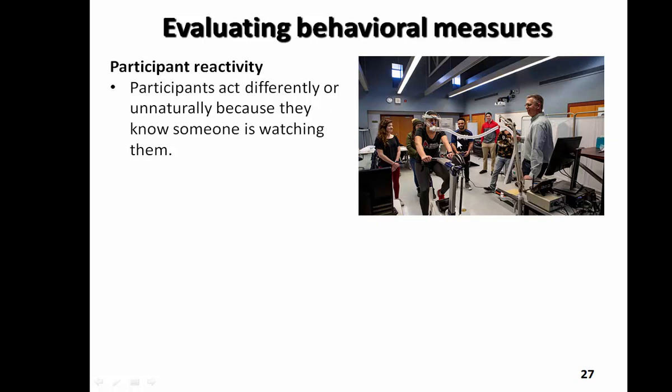However, the effort that the person exerts on the bike may be strongly influenced by the fact that there are a number of people in the vicinity, including an authority figure, directly observing. So the research participant may react in a way that may likely affect the outcome measure.